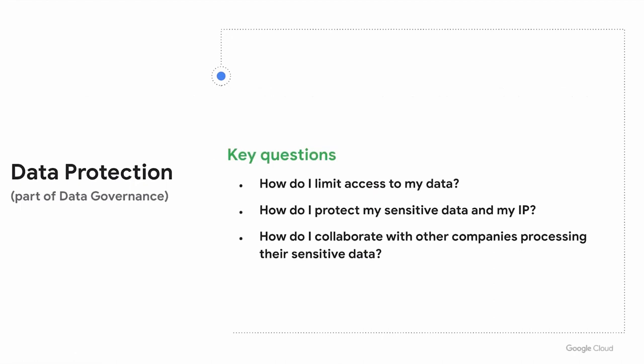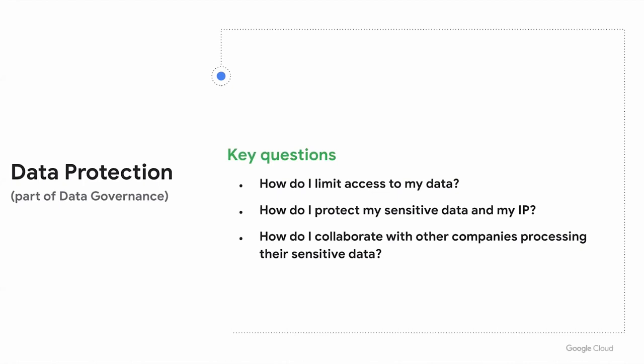Now, data governance has many different facets, and today we'll talk about one of the most important pillars, which is data protection. We want to focus on some key questions that come up when our customers think of data protection. Questions such as organizations wanting to limit access to data, both internally and externally.